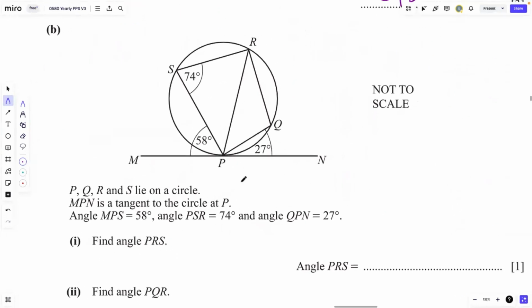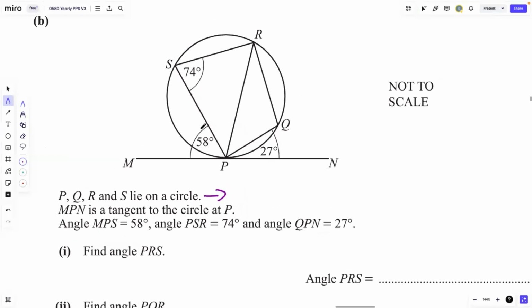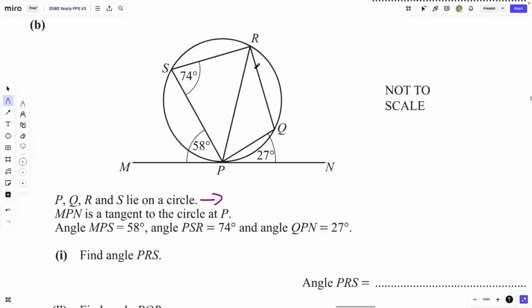Let's move on to the next question. So we have circle theorems here in part B. PQRS lie on a circle. The first thing I get from this line is that PQRS are all lying on the circumference, the boundary of the circle.